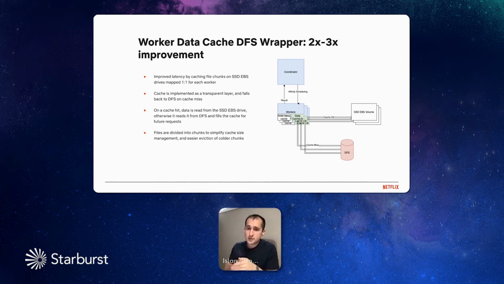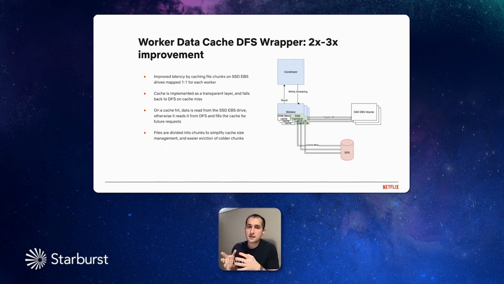So we ended up using, for the prototype, a library called Alluxio. Alluxio is data orchestration software that is similar to Rubix that Trino already has, but it also has a capability to serve as a library, right?